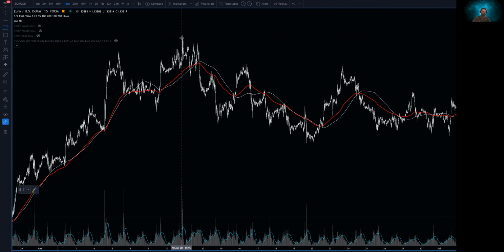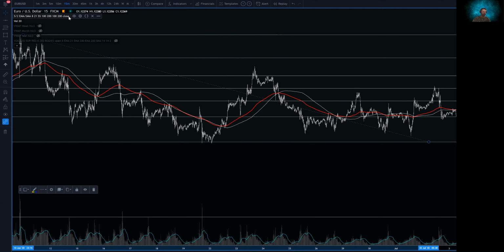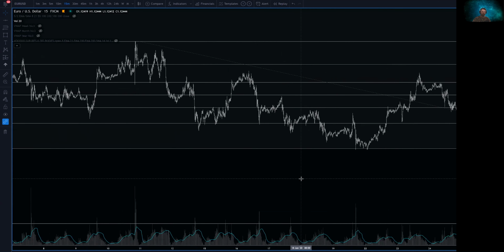The other way to trade is by horizontal levels. So I like using fibs. Let's remove the EMAs for now, and just trade the zones of the fibs. Those trades should be around 1-to-1, 1.5-to-1 risk to reward ratio.